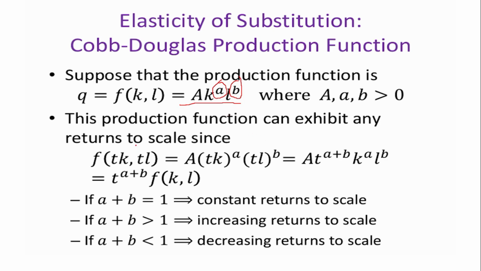And a plus b equal to 1 indicates constant returns to scale. If the summation is greater than 1, that means increasing returns to scale, and less than 1 means decreasing returns to scale.